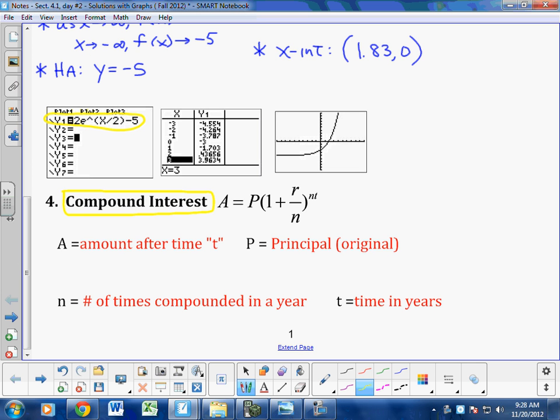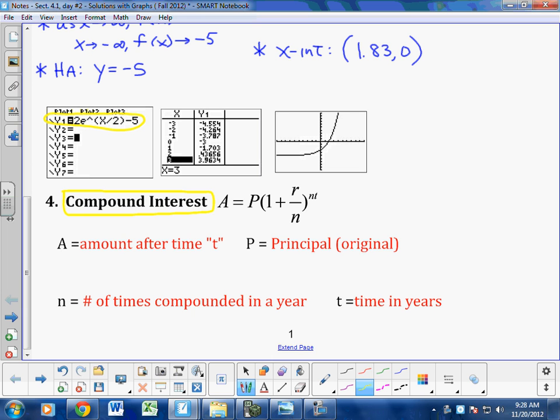And the formula is A equals P times the quantity 1 plus r divided by n, raised to the nt power. What you need to know is what do all the variables stand for.